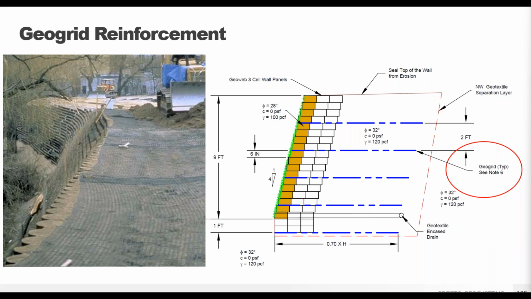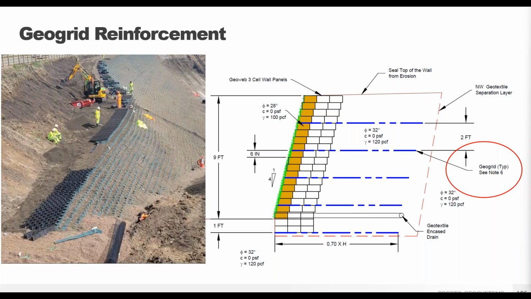Many of our earth retention project evaluations will incorporate grid reinforcement and call out specific strength characteristics and spacing. Most geogrids will be uniaxial, primarily for cost purposes. Make sure they're installed in the correct direction and appropriate minimum strength.